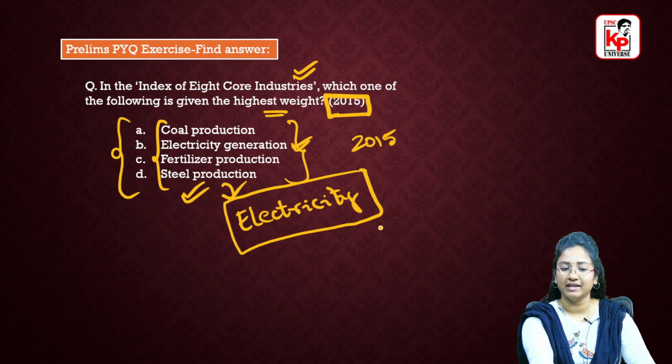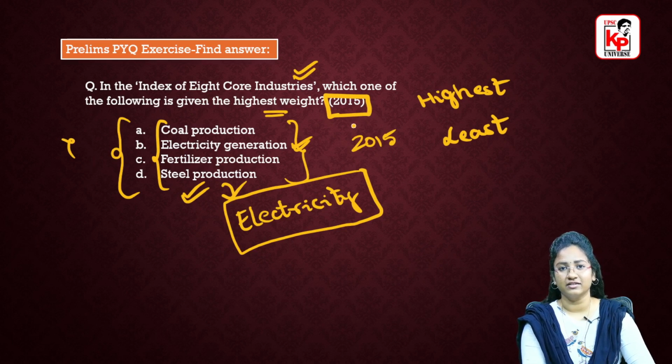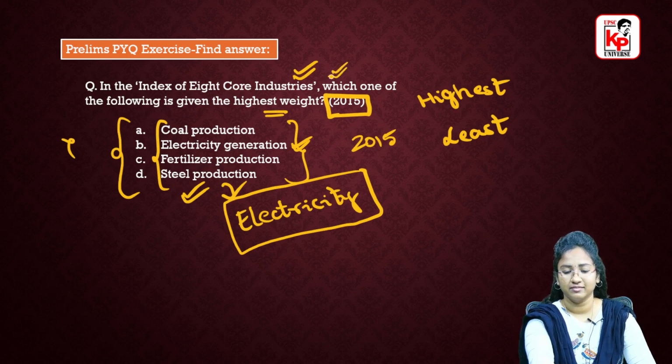In this particular question, if you remember only the highest weightage one and the least weightage one, it would not help you to answer this question, right? You have to remember the entire 8 sectors, only then you will be able to answer questions like these.